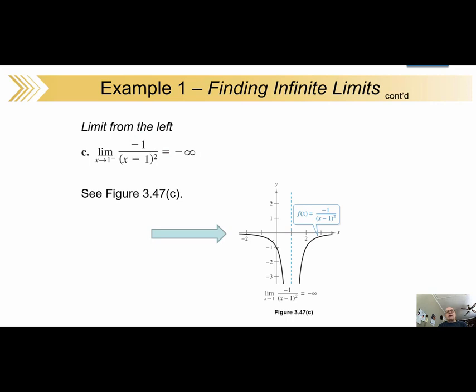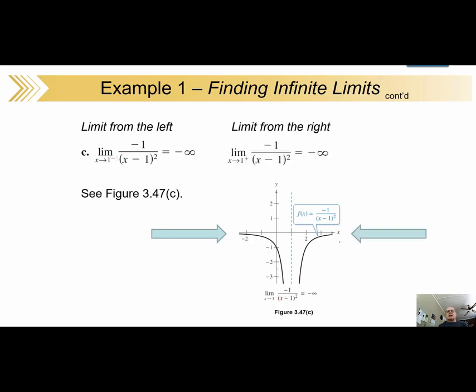So notice the entire graph is below the x-axis. Again, this one is approaching 1 from the left. That means we're down here, and as we get close to 1, our y values are getting closer to negative infinity, or heading that way. It's not actually getting there.